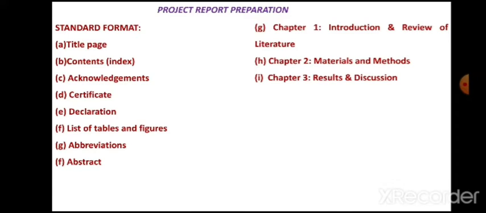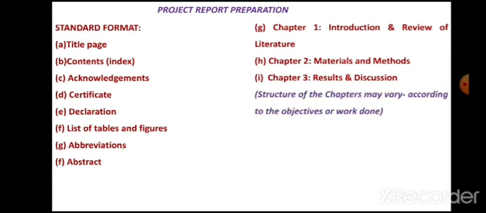If you find it convenient, you can write results and discussion separately, making separate segments in chapter 3. The structure of chapters 1, 2 and 3 may vary according to the objectives or work done. Then there will be a page of references, which we can also call the bibliography. Followed by that, the last page will be the appendix.